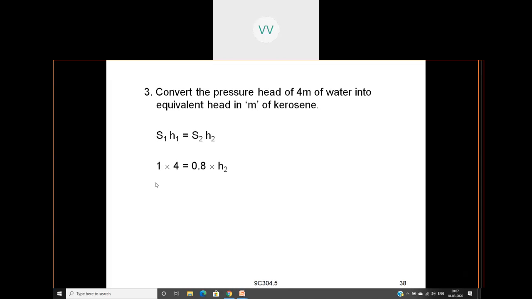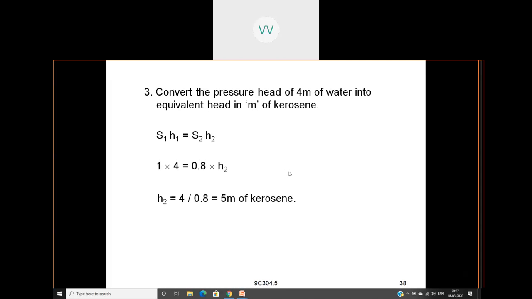So the specific gravity of water is 1, and the head of water is 4, and then the next liquid is kerosene, given as 0.8, and H2. So H2 is equal to 4 by 0.8, that is 5 meters of kerosene.